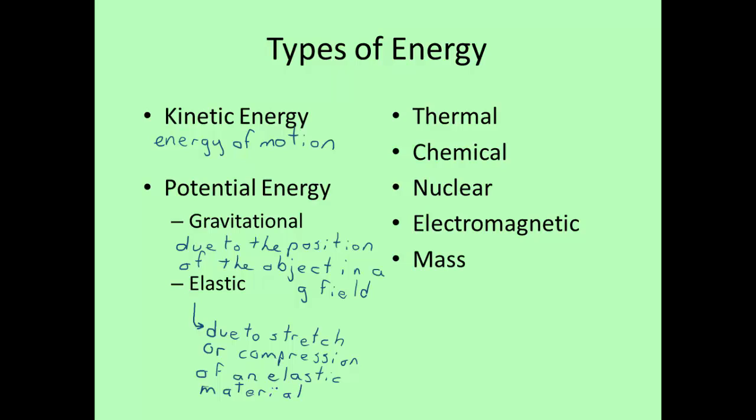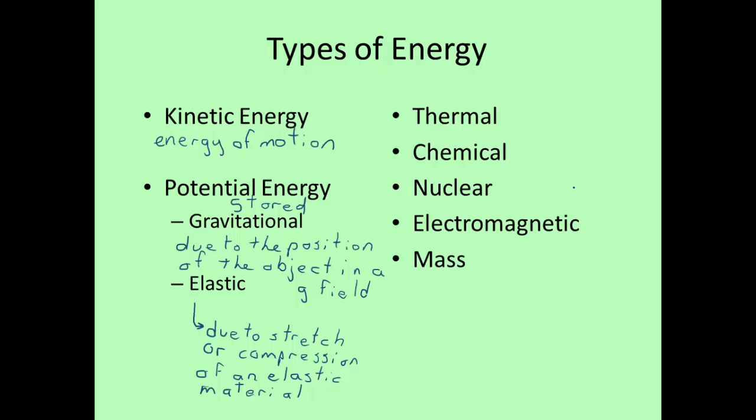Now, the one thing that you have to remember is while the kinetic energy is the energy of motion, potential energy is really a stored energy. So when we are talking about potential energy, it's something that the object has because of its state.